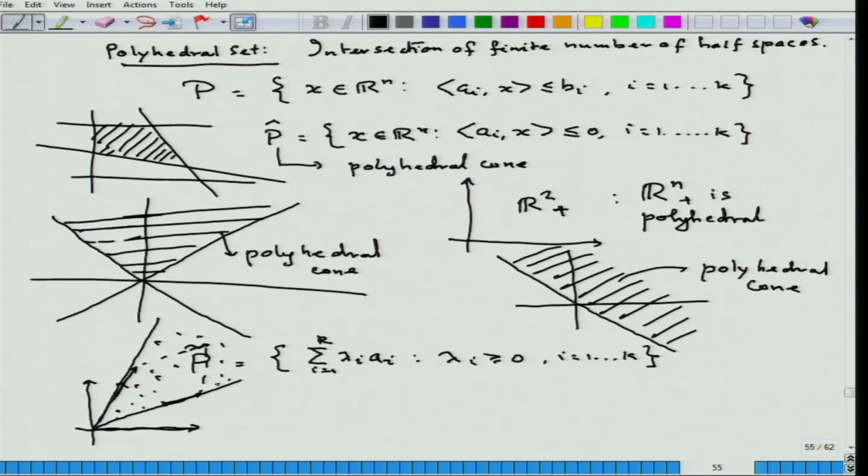So, given these 2 vectors A1 and A2, this is the finitely generated cone generated by A1 and A2. These a_i are called generators of the cone, and this cone is called a finitely generated cone.